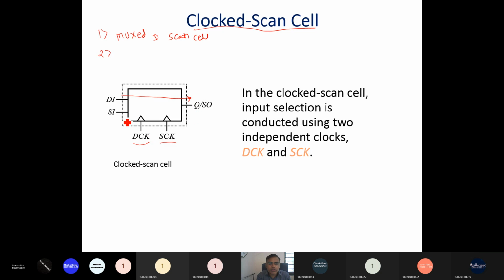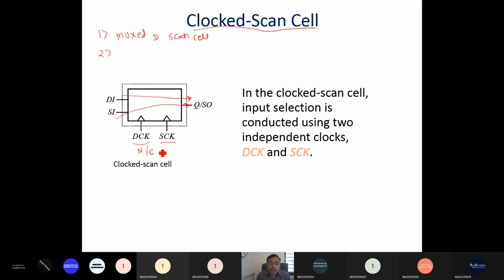The data clock is used to transfer the data to latch into the output, and the shift clock is used to load the shift input data into the output. So the data clock is used in the normal and the capture mode. Normal means we are not testing; it operates normally.